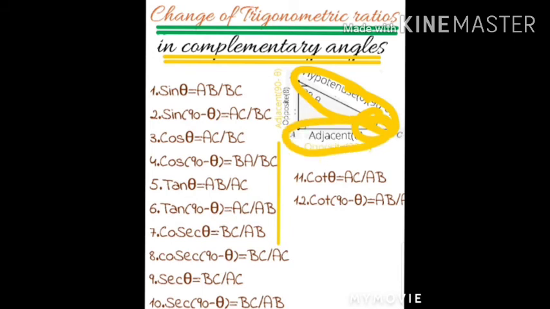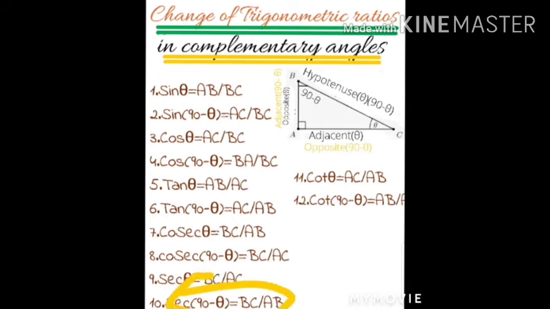So we can write sec theta is equal to BC by AC. With respect to 90 minus theta, the hypotenuse is BC and adjacent will be AB. So we can say that sec 90 minus theta will be BC by AB.